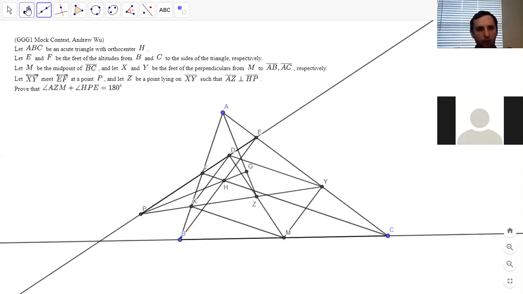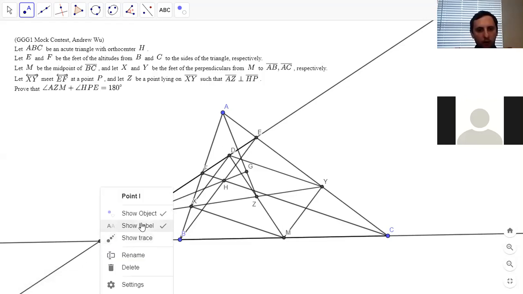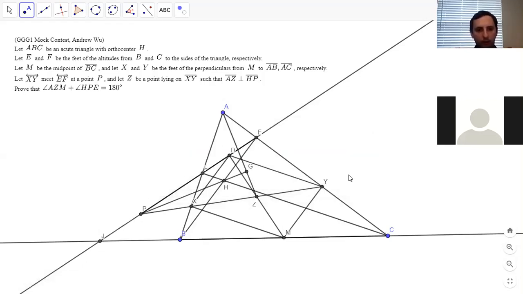And then if we call that point, let's see what it's called. If we call it J, then we have JH is perpendicular to AM. And we want to show PH is perpendicular to AZ.